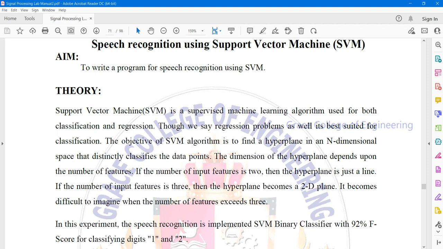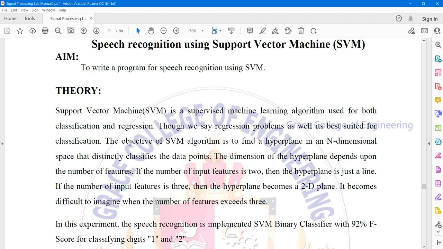If the number of input features is 2, then the hyperplane is just a line. If the number of input features is 3, then the hyperplane becomes a 2-dimensional plane. It becomes difficult to imagine when the number of features exceeds 3.